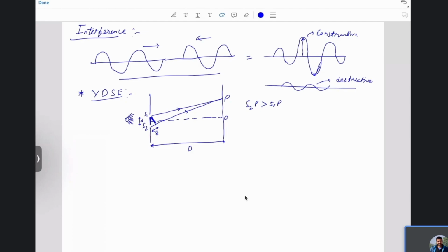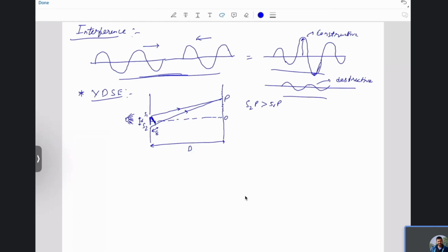And since depending on the phase difference there will be constructive or destructive interference, at different positions on this screen there will be constructive and destructive interference. So you will have a bright region, then a dark region, then a bright region, dark region. That is called a fringe pattern or interference pattern.